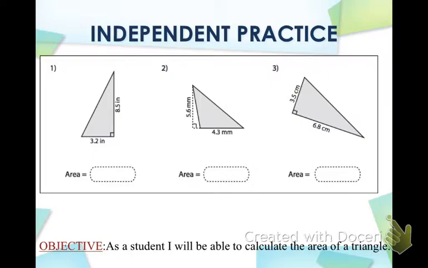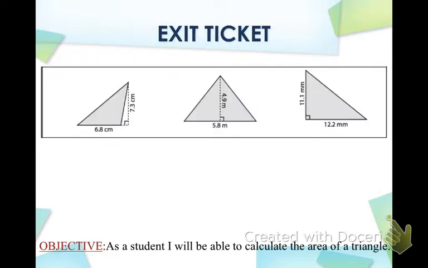Here we go. Area equals, remember, you need to go ahead and, oops, got to write on it. Here we go. Area equals 1/2 times the base times the height. You could have said 1/2. I'm going to use 0.5 times 6.8 times 7.3.